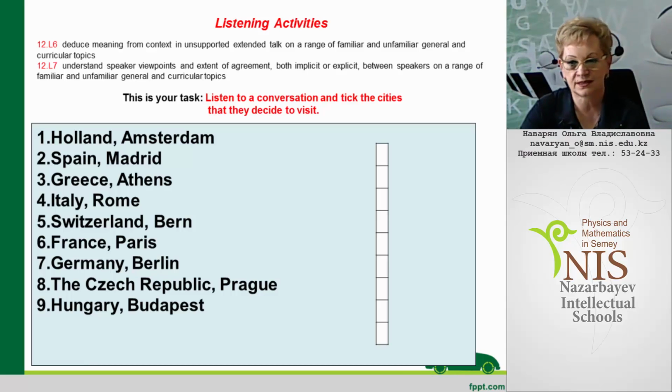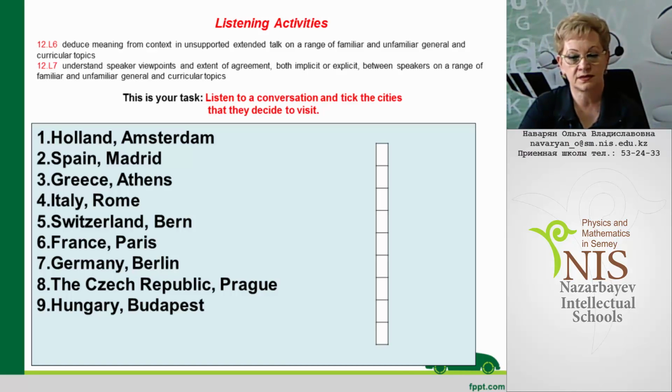Now let's discuss some listening activities which you can use within this topic. For the next activity, I have chosen L6 and L5, deduce meaning from the context and understand speaker's viewpoint.